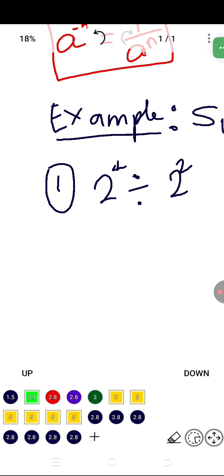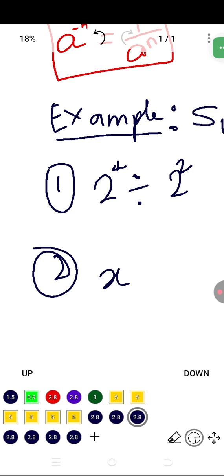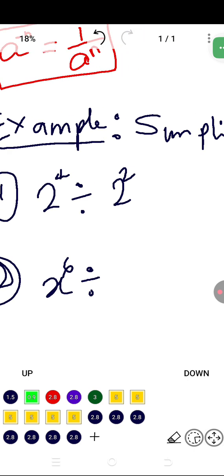Number 2, we have x raised to power 6 divided by x raised to power 9.